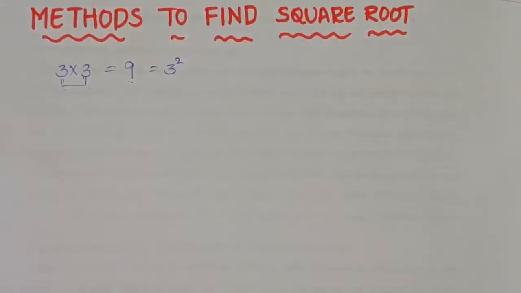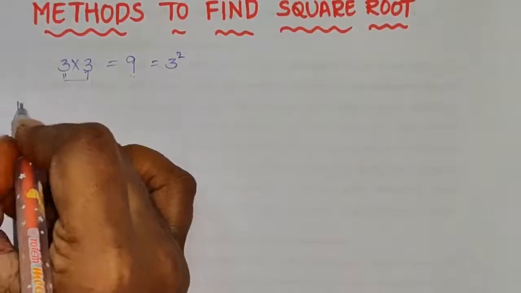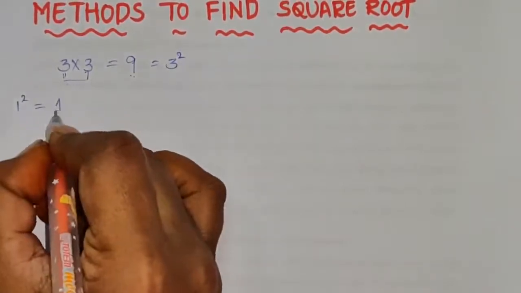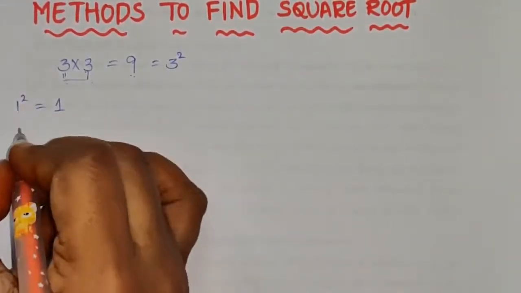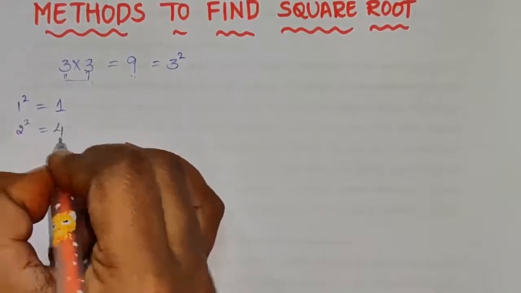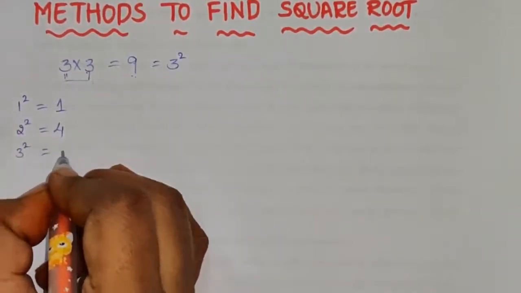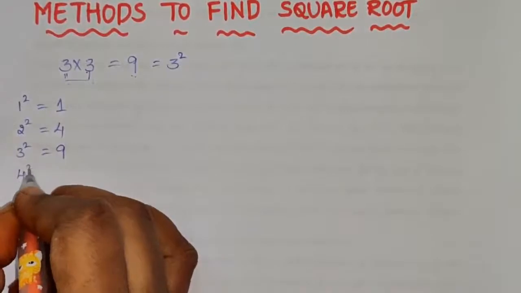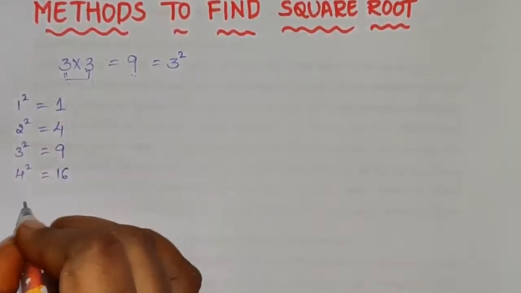Now let us see all the squares of numbers from 1 to 10. 1 square equals 1 into 1, which gives us 1 only, and 2 square equals 4. 3 square, 3 into 3, 9. 4 square, 4 into 4, 16.